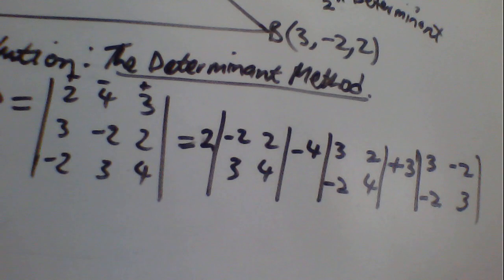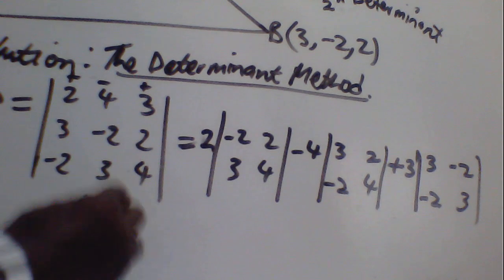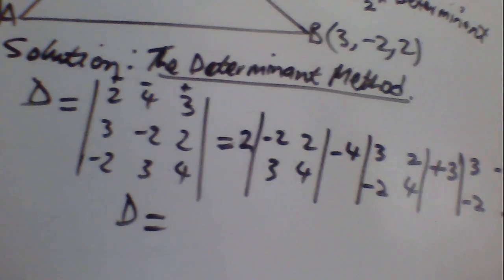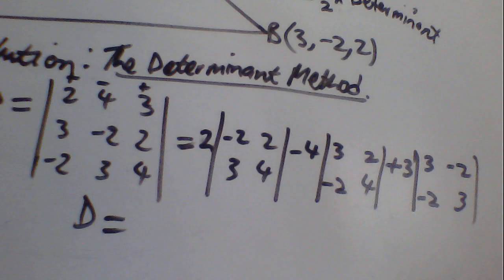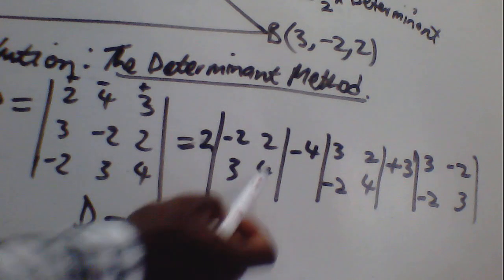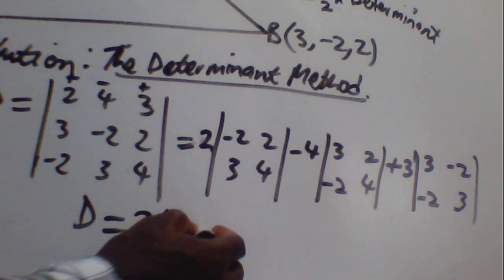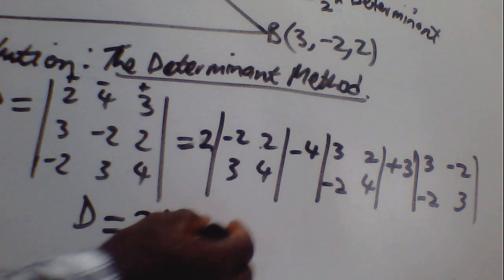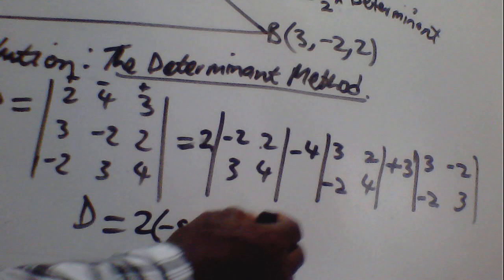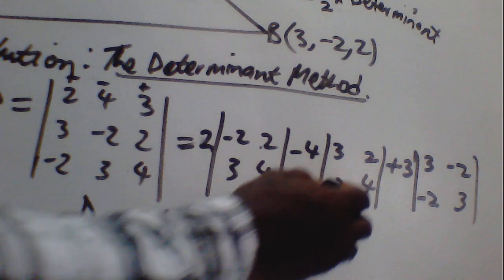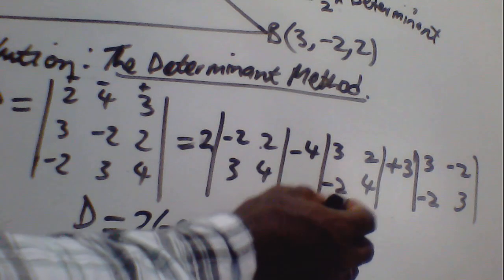Once you have done that, this determinant will be equal to what? You simplify the minor matrices you have. So in this case, we have 2 multiplying 4 times minus 2 will give us minus 8, minus 3 times 2 will give us 6, minus 4 in bracket, 3 times 4 will give us 12, minus 2 times 2 will give us plus 4.